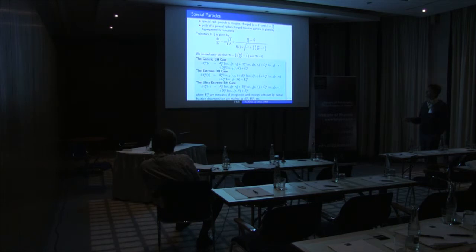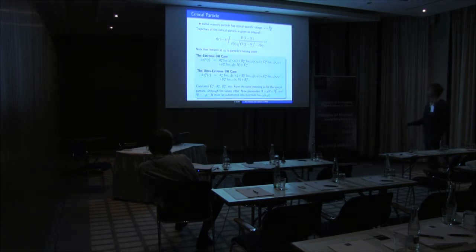In the general case, there are ones. In the extreme case, we have 1 for the cosmological horizon, minus 2 for the double horizon, also the minus 1 because of the partial fraction decomposition, and minus 1 for the n. Ultra-extreme is 3 to 1.